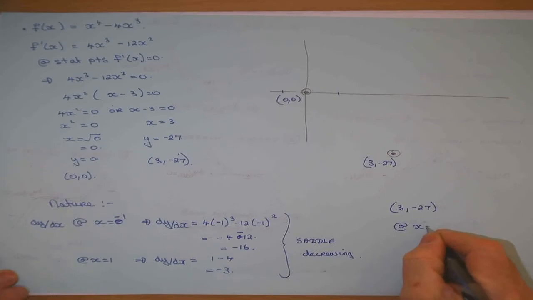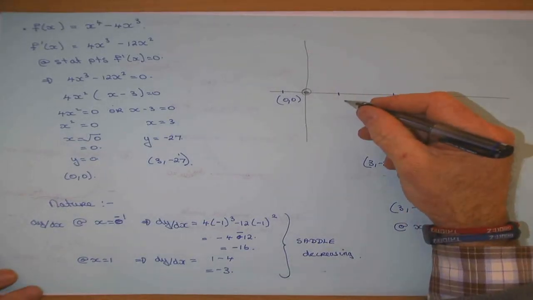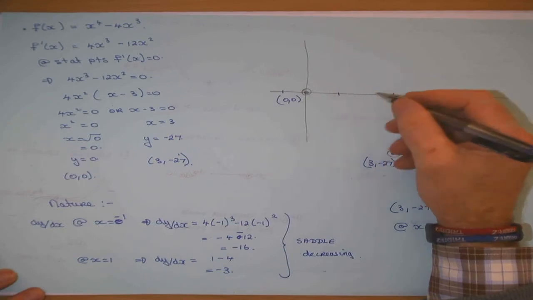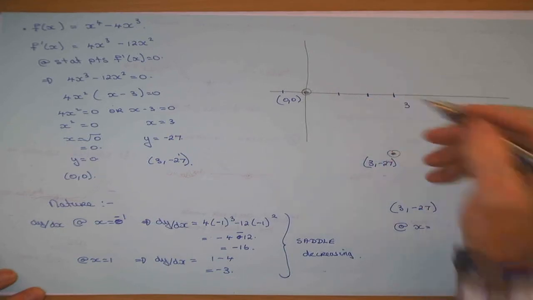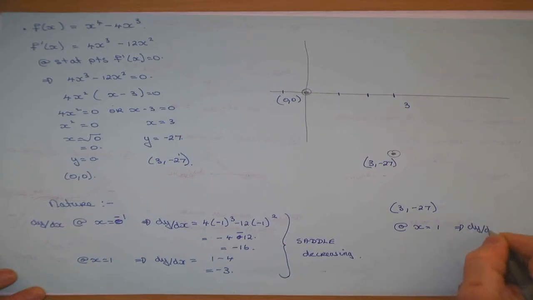At x equal to, I need a point on the left of the 3. Will the 1 do? Yeah, do I have to do 2? No, 1 will do. So at x equal to 1, I know dy/dx is negative.